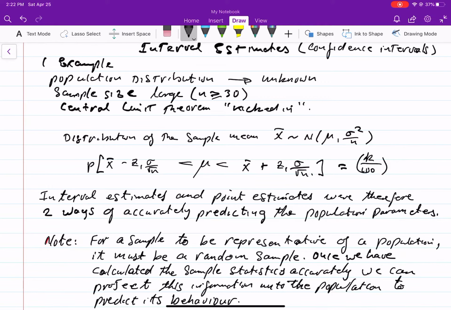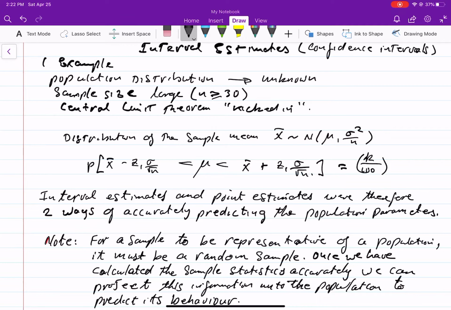If you were to take 100 samples out of your population and calculate a confidence interval, let's say you wanted to figure out what a 95% confidence interval meant. You take 100 samples out of your population, each of the same size, and you calculate a confidence interval for each of those samples. So now you have 100 confidence intervals.